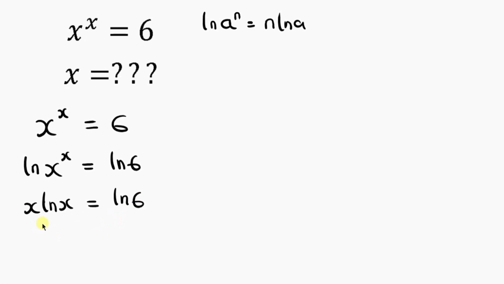Now pay attention to what I have on the left. I have x natural log of x. There is another way I can write this x in this form. So I can write this x as exponential natural log of x. Why?